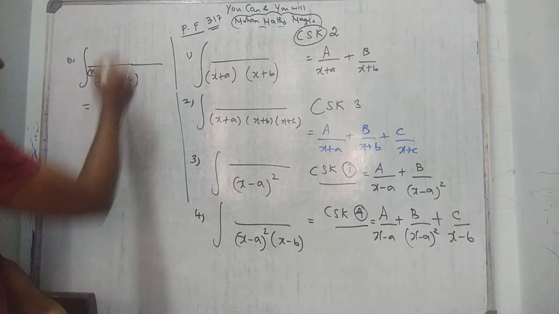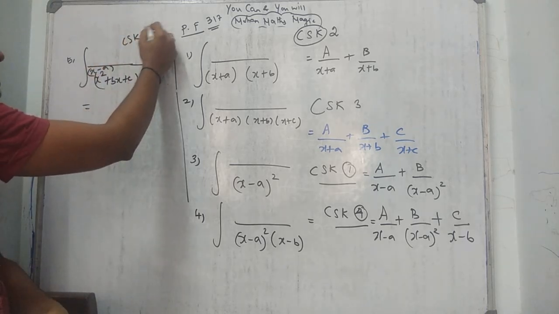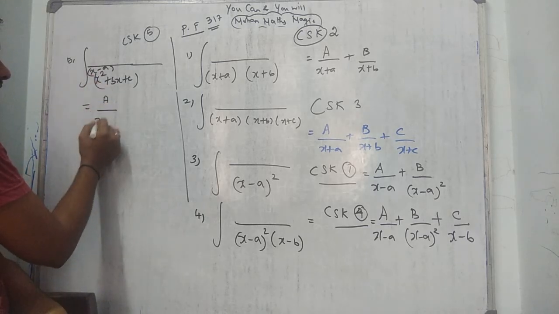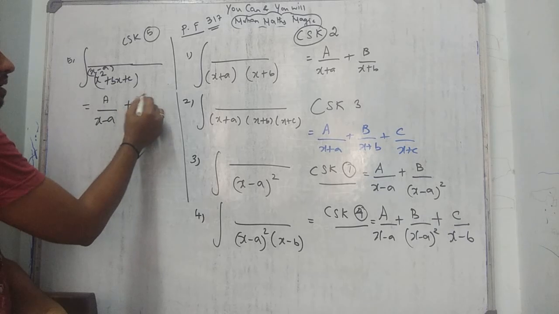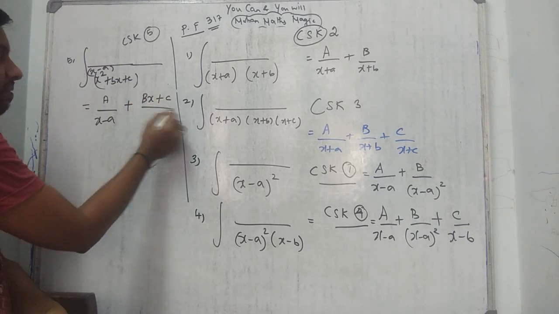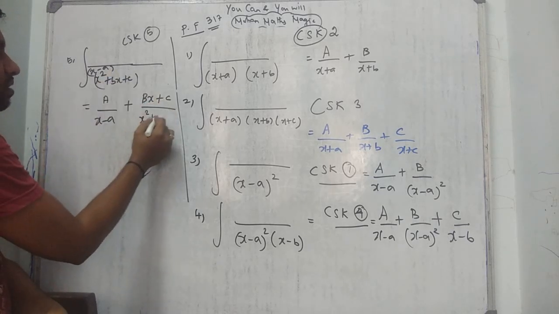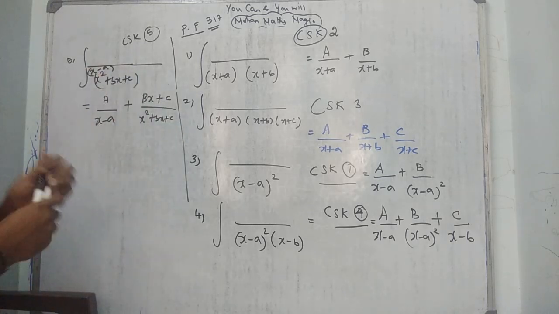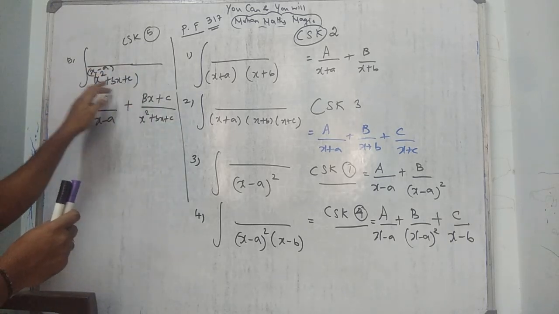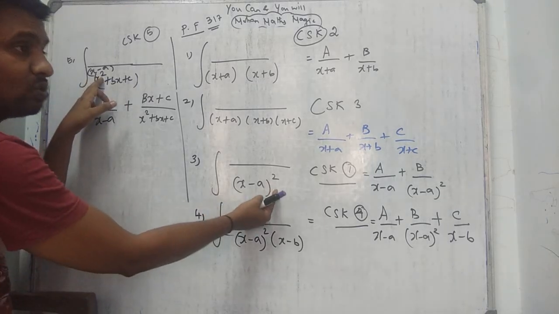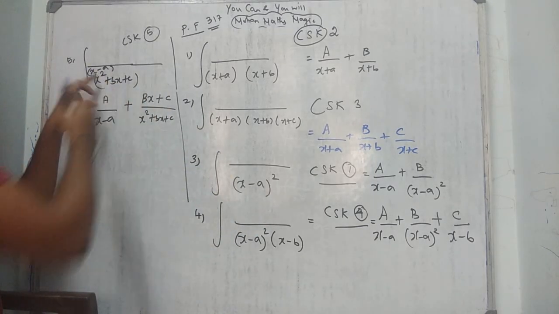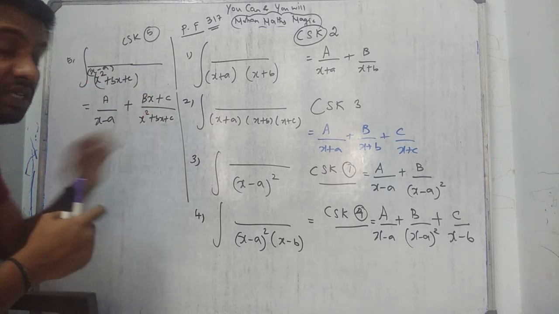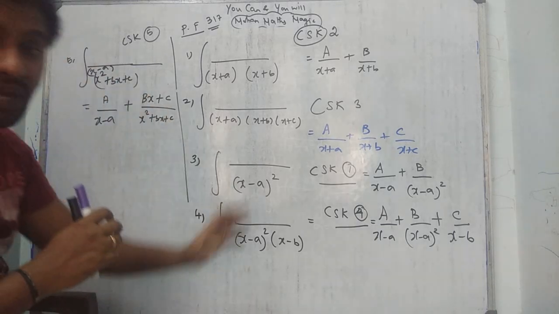So for CSK5, in a single bracket, it is a upon x minus a plus bx plus c upon the entire quadratic, x square plus bx plus c. CSK5 is a single bracket and a square inside the bracket. There is a difference: whole square, but here the square is inside, x square plus bx plus c. Am I clear? I repeat one more time. Partial fractions.